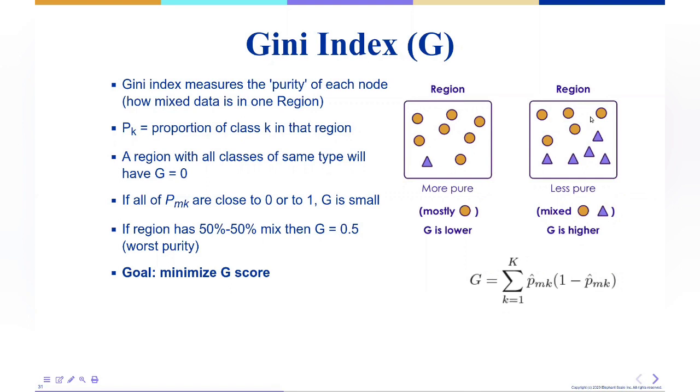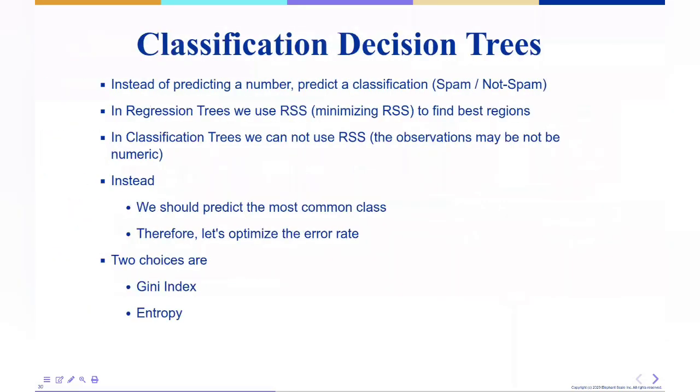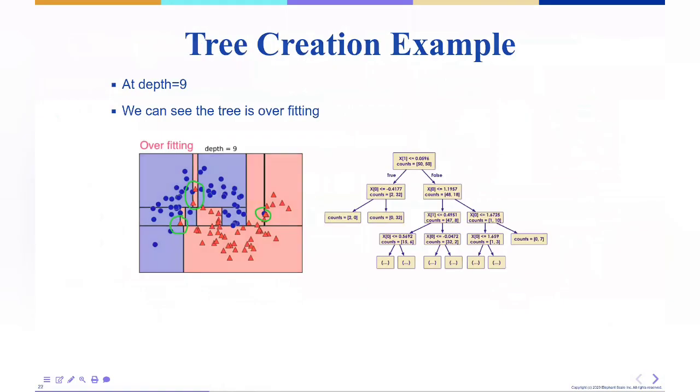But here we had to subdivide the region even further, because this region cannot make predictions, as it can be either circle or triangle. So we had to keep dividing this even further. That's how the tree decides how far to go. So as we keep dividing, how do we stop the trees?